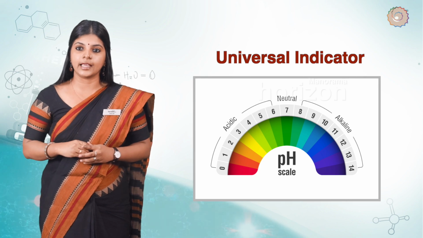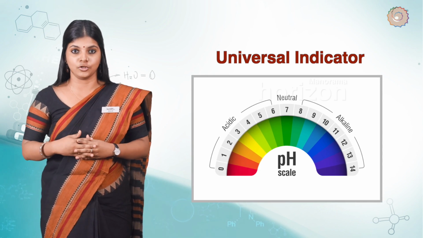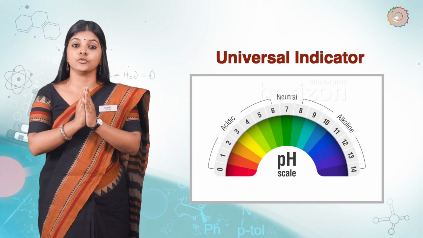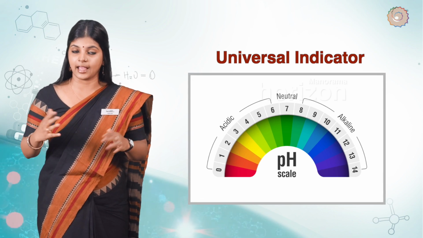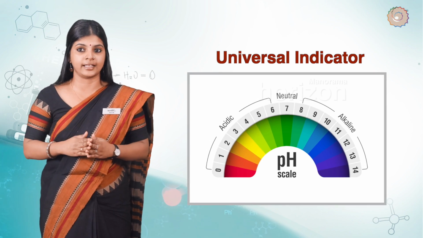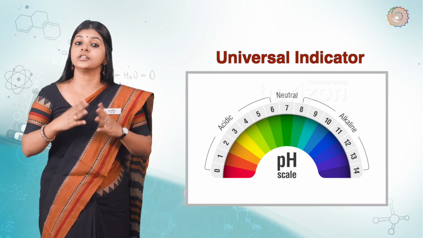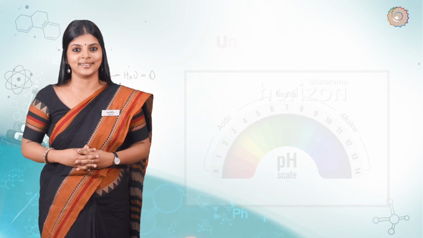We know the pH scale, which is a scale for measuring the hydrogen ion concentration in a solution, right? So if a solution is neutral, the pH of that solution is going to be 7. If it is acidic, it's going to be less than 7, and if it is basic, it's going to be more than 7. And a universal indicator will show you different colors over this pH range of 1 to 14.